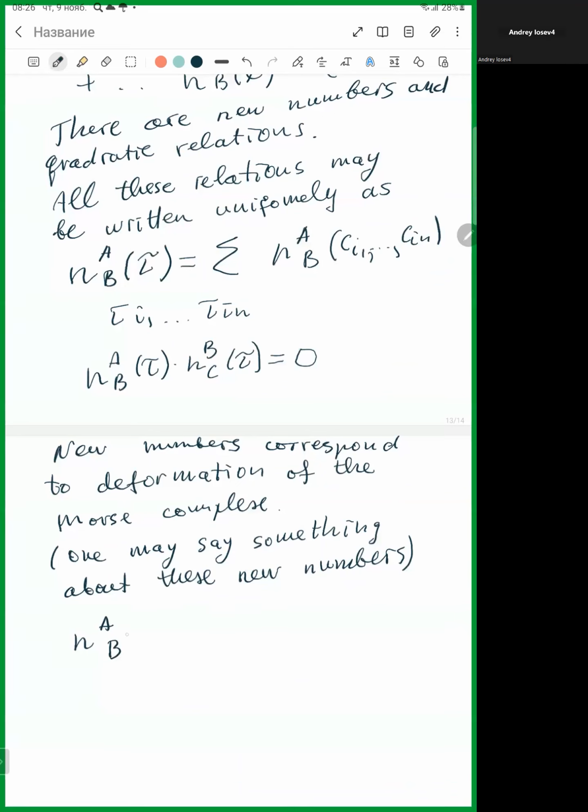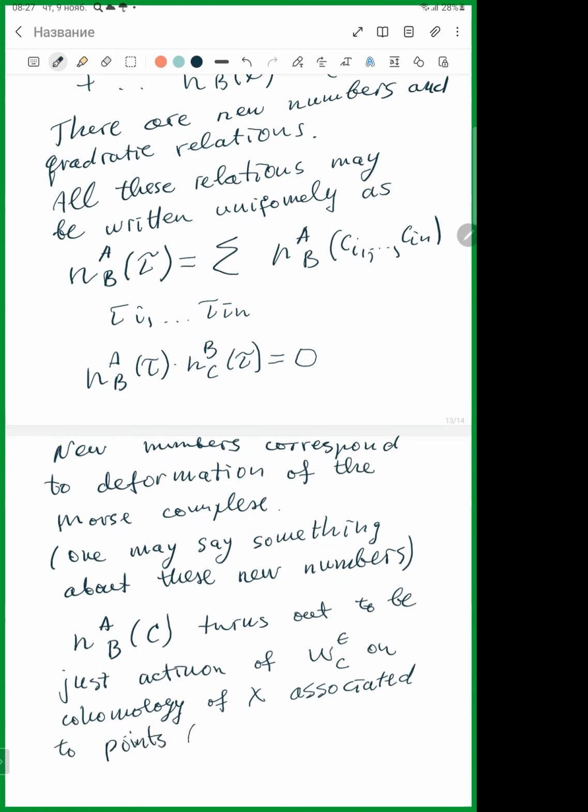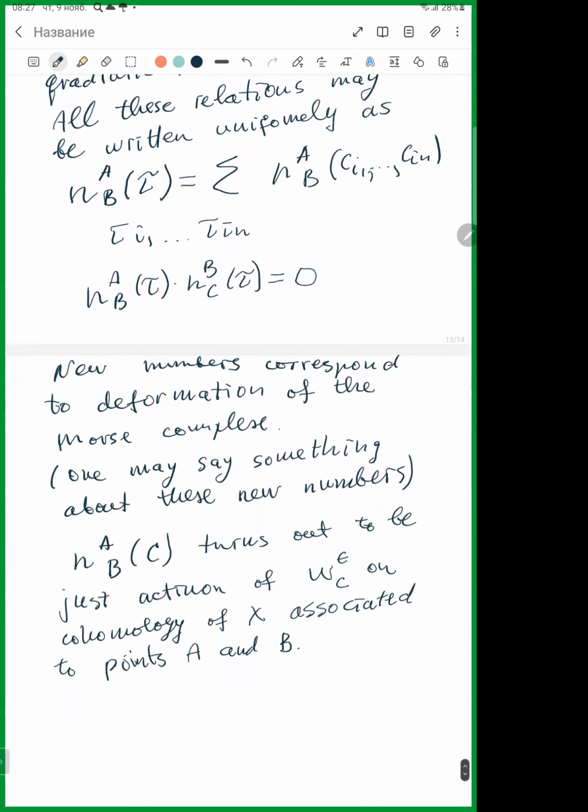So NABC turns out to be just the action of omega C epsilon on cohomology of X associated to points A and B. So it's an old operation.